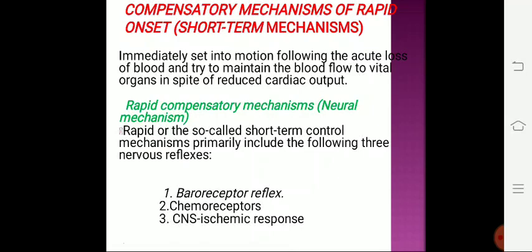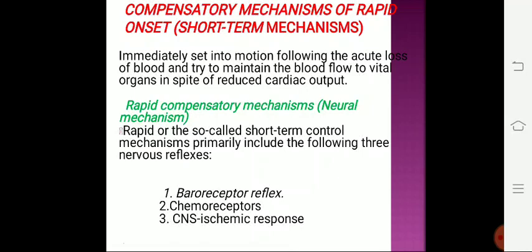As soon as the chemoreceptors are stimulated, they excite the vasomotor center to cause an increase in sympathetic vasomotor discharge to the heart, arteries and veins. A fall in blood pressure below 60 mmHg usually initiates chemoreceptor reflexes.